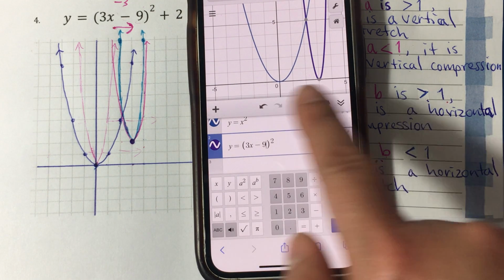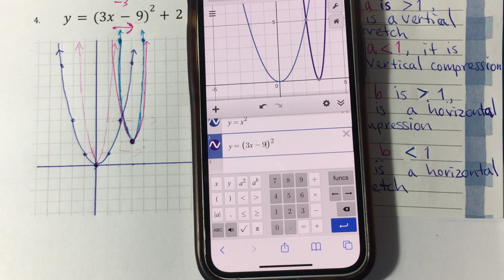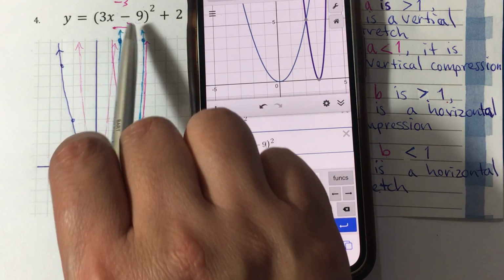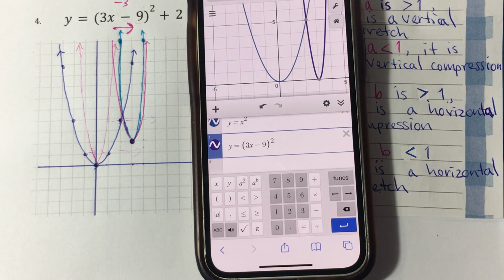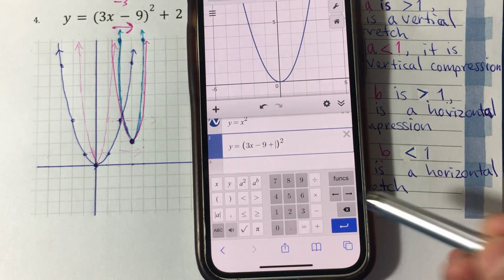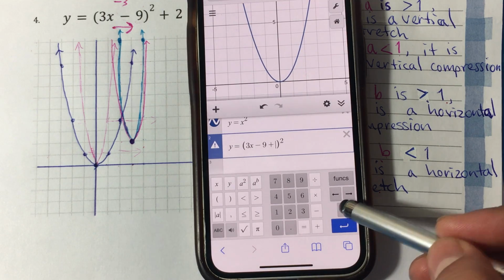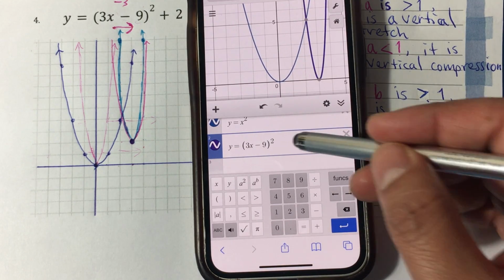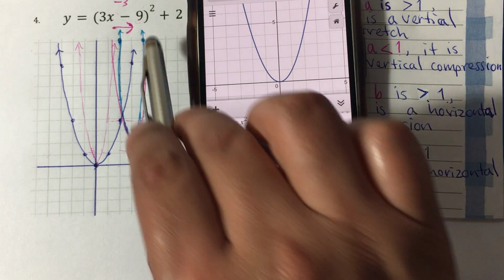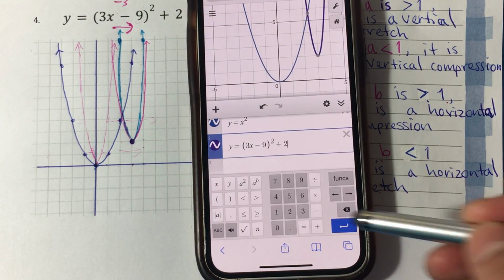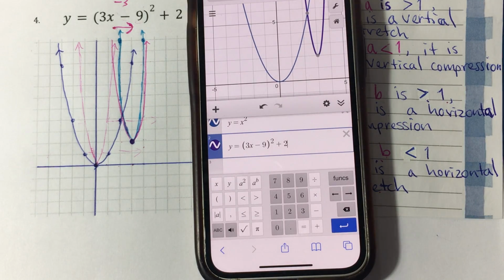Look at what happened. It moved 3 spaces to the right. That's my negative 9 divided by 3 is the 3 spaces to the right. And then finally, plus the 2 that is outside. It makes it go up, the 2 spaces.